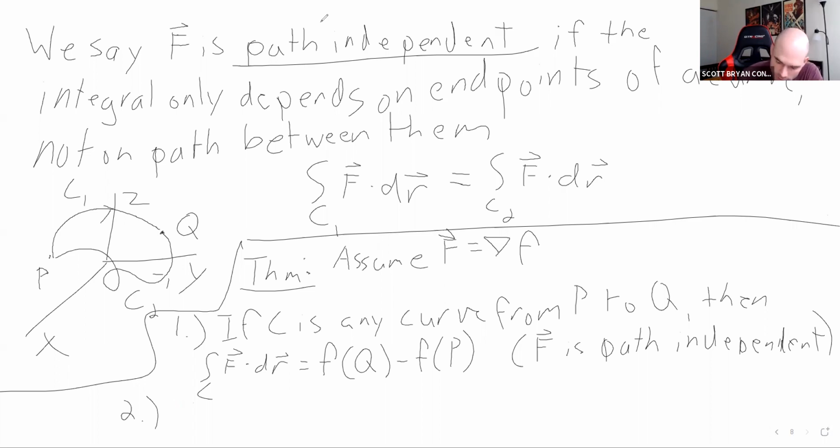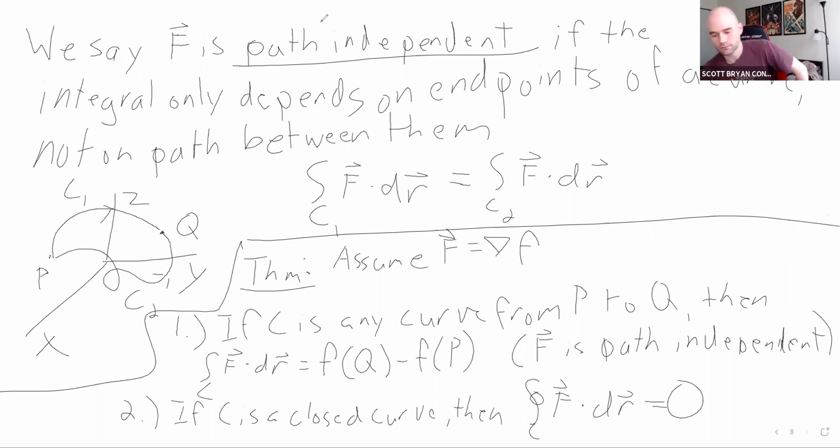So if C is a closed curve, then the integral of a conservative vector field around that closed curve is always 0. So if F is conservative, the integral around any closed curve is 0. Because you can think of it as starting and ending at the same place. P and Q are the same. So you get f of P minus f of P, which is 0.